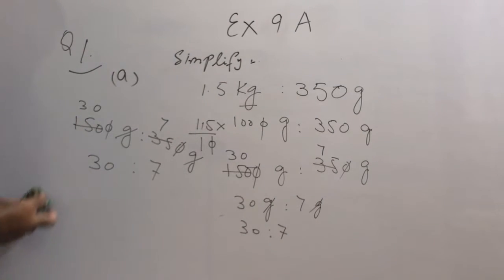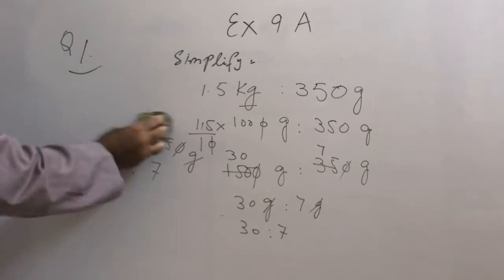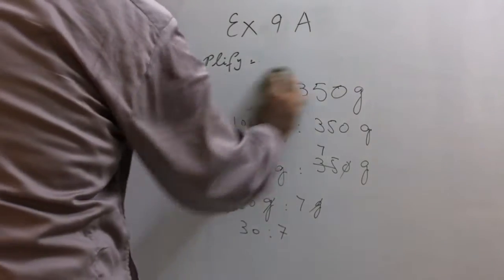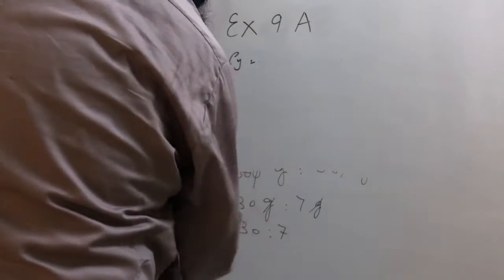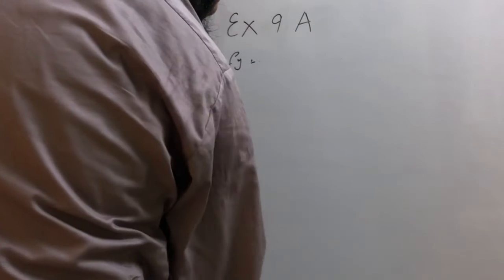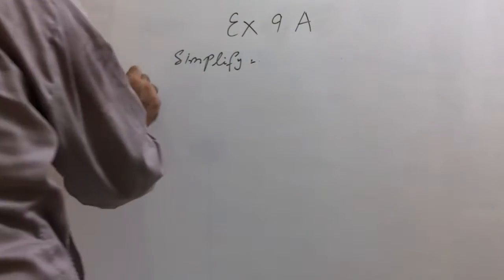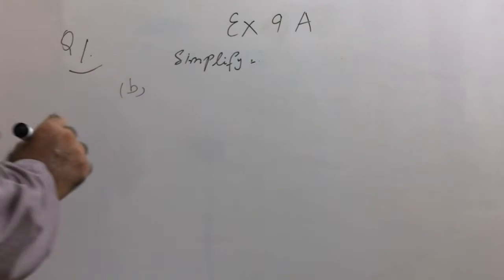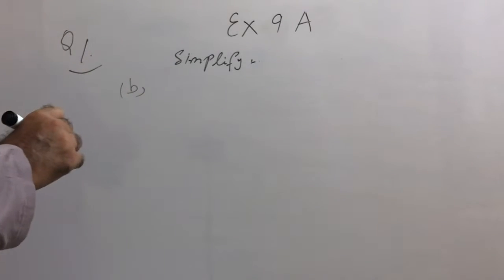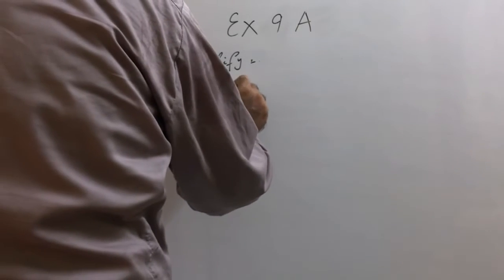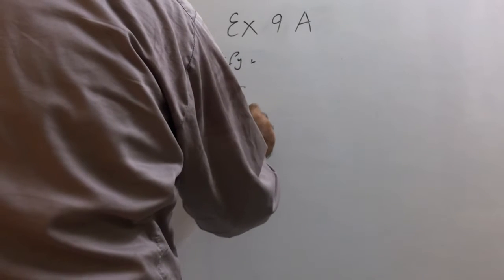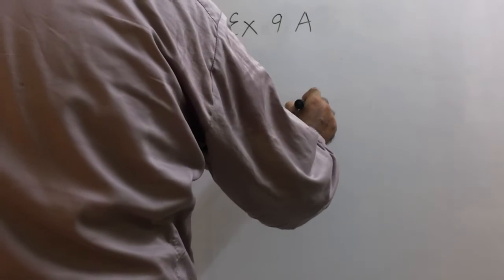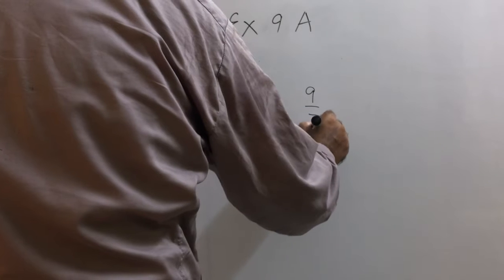So all the parts are of same type. We need to simplify. So we'll be doing maximum of the parts so that you should get better idea of how to simplify the ratios. Part B is 15/24 ratio 9/7.